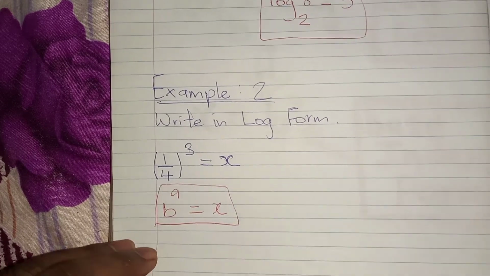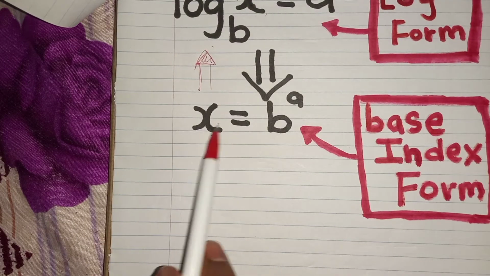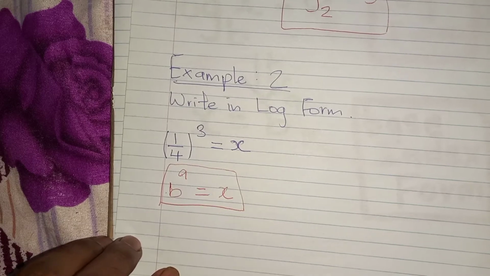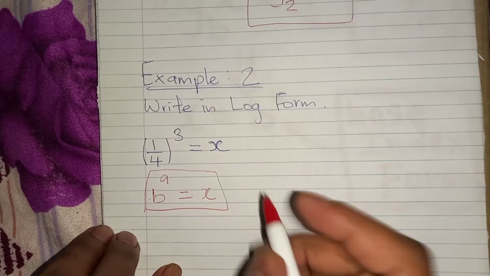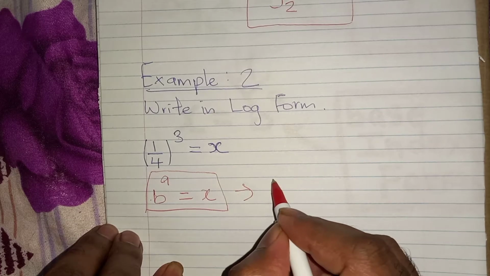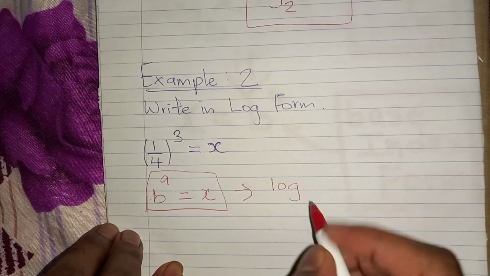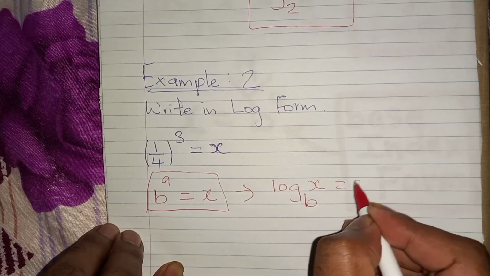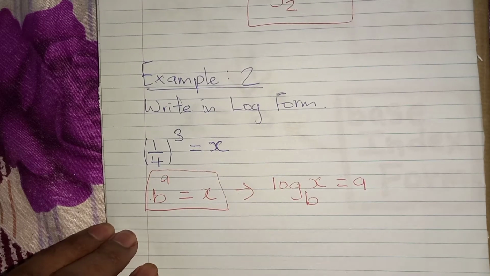So x is equal to b power a. Now we have to write in log form. In log form, this should look like log base b of x is equal to a, right?